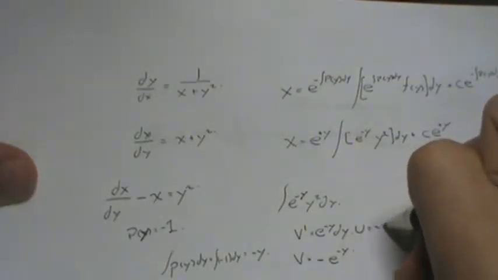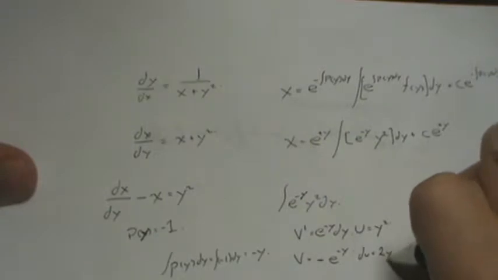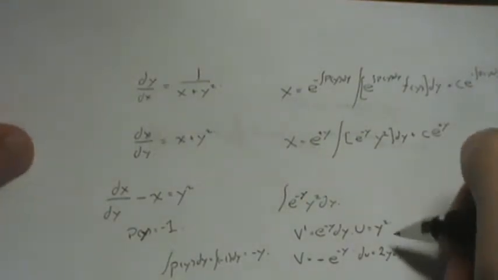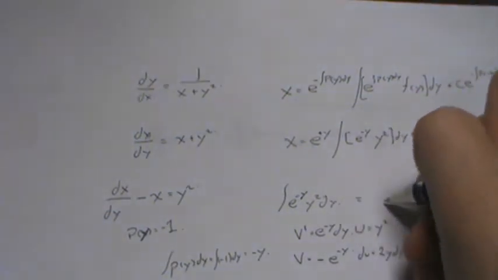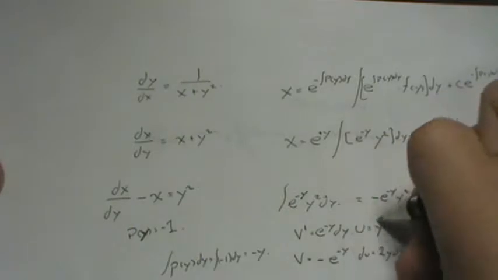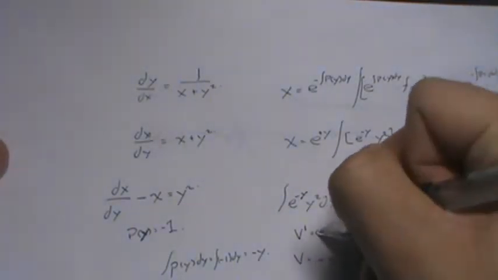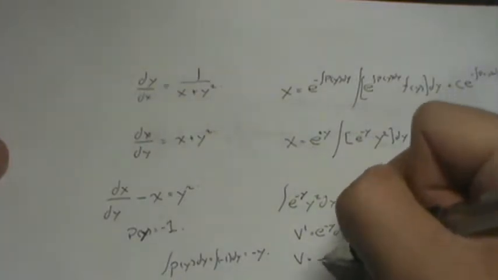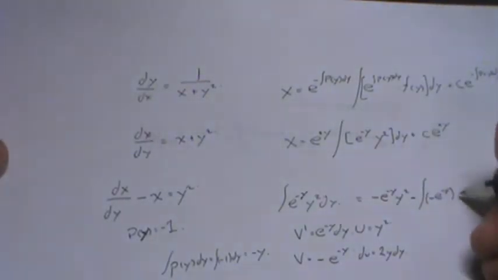Now our u is going to be y squared, and our du is going to be 2y dy. Now let's multiply these two. So you have minus e to the minus y times y squared, minus the integral of these two, so minus e to the minus y times 2y dy.